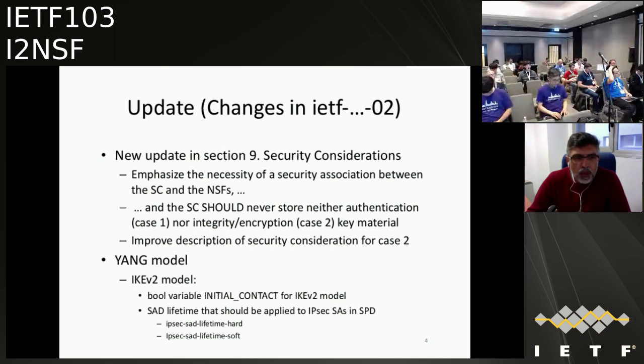And we have also included the configuration of the security association lifetime, which will be able to manage the soft and the hard lifetime. So those are all the changes in version 2 of the draft.